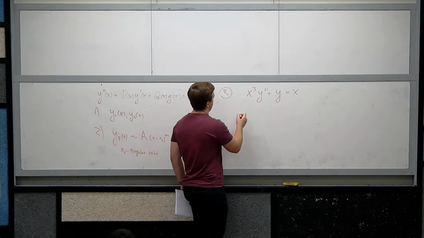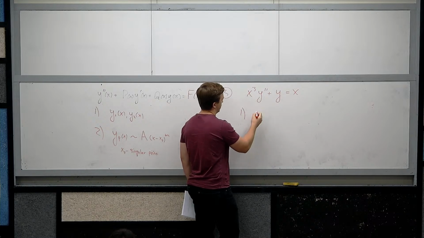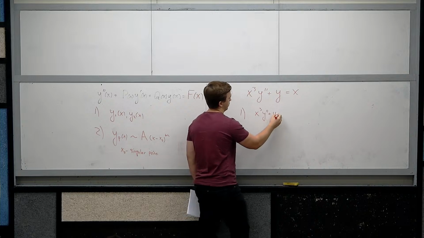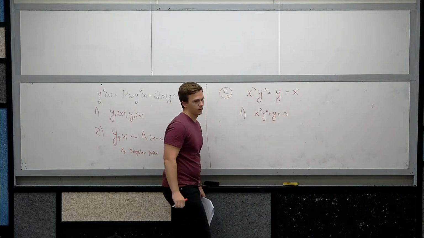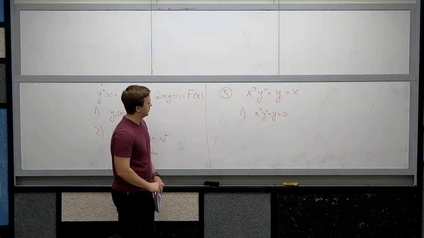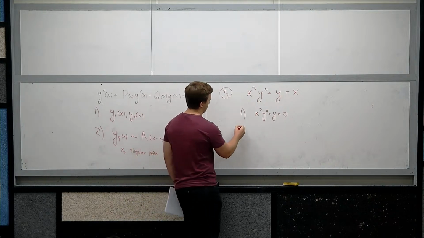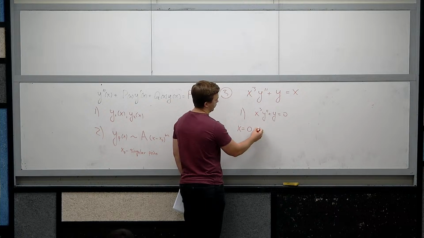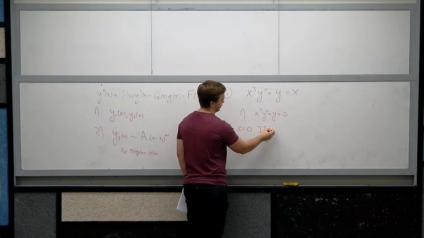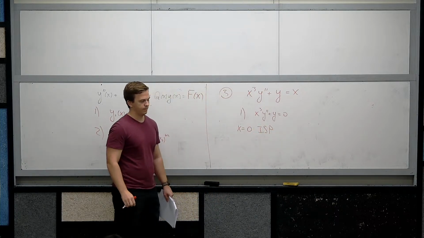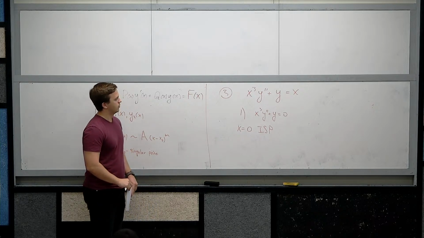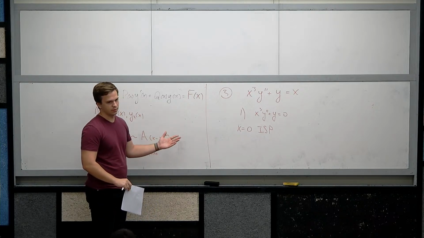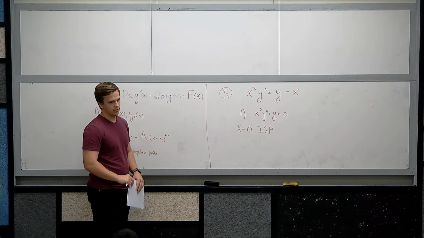The first step is to find the solution of the homogeneous equation. In this equation, x equals 0 is an irregular singular point. So how can we solve it?